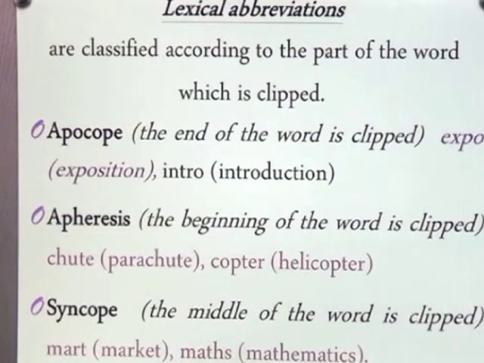Apheresis, the beginning of the word is clipped. For example, shoot, parachute, copter, helicopter. And syncope, the middle of the word is clipped. For example, mud from market, or maths from mathematics.